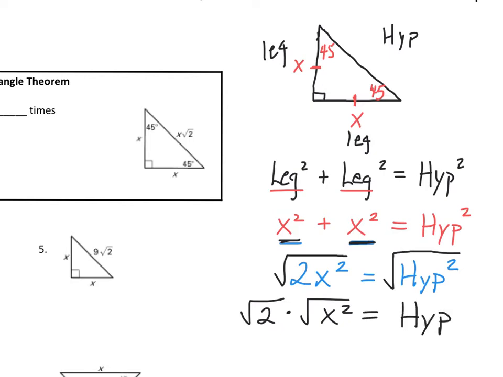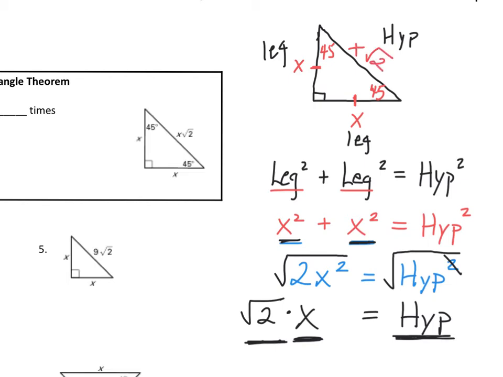The square root of x squared is going to cancel out and just become x. So now I know the hypotenuse is just going to be whatever x is times radical 2. So I can complete my picture up above and say that the hypotenuse is actually x radical 2.